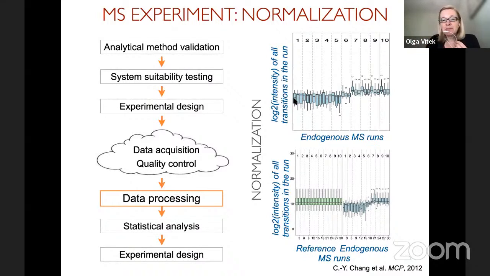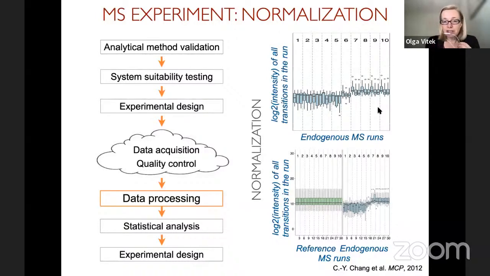In this case, it would be meaningful to equalize, for example, the medians of the endogenous protein abundances, because we can assume that the median intensity is stable. And if we see some changes, it's an artifact of data acquisition. In this case, MSstats has an option of equalizing the median intensities across all the runs.